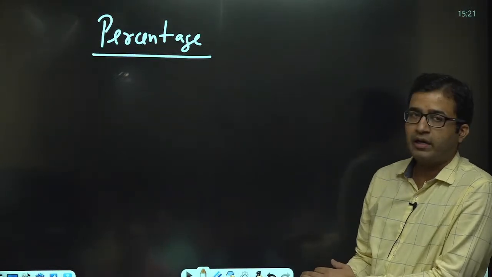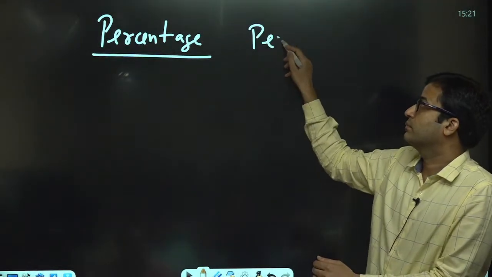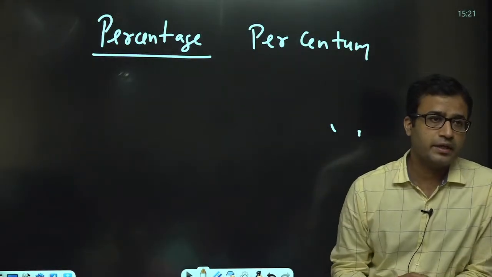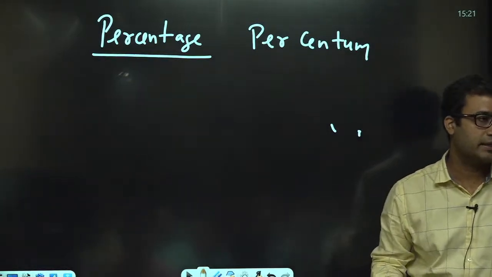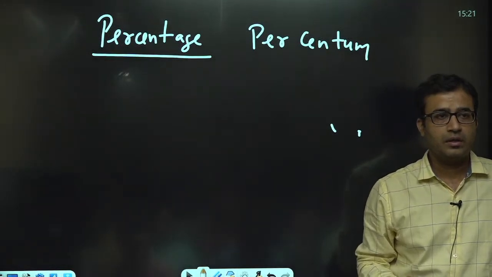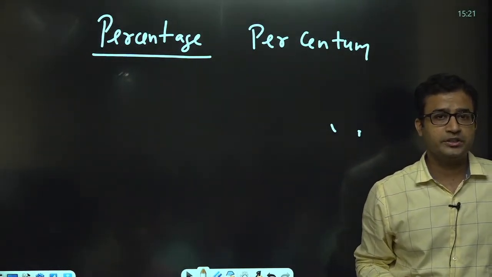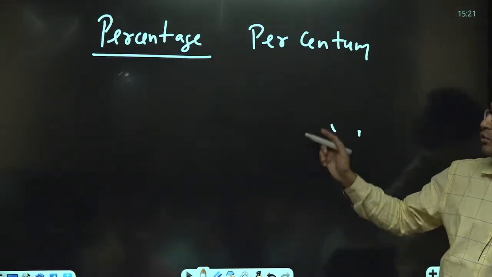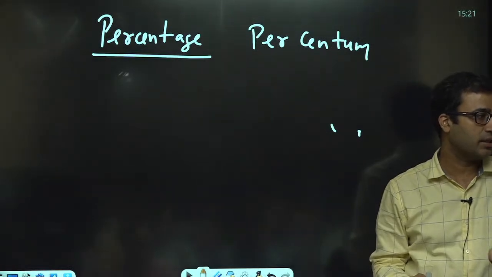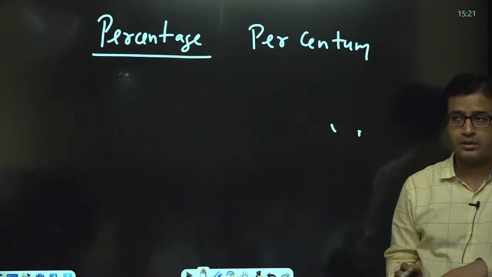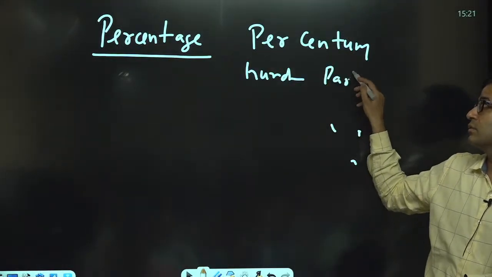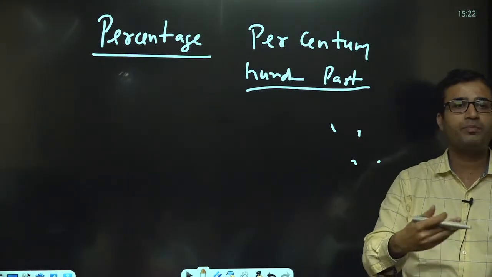Percentage word is derived from a Latin word percentum. It is not an English word, it is a Latin word percentum, from there percentage came. Centum, century, 100. So here, if you look at it, percentum, per 100, or it is 100th part. The meaning here is 100th part.